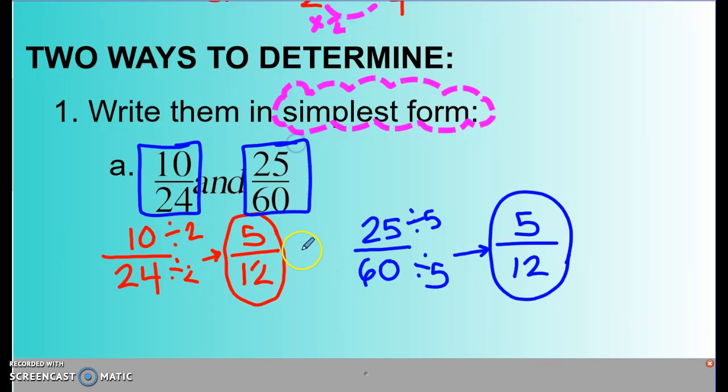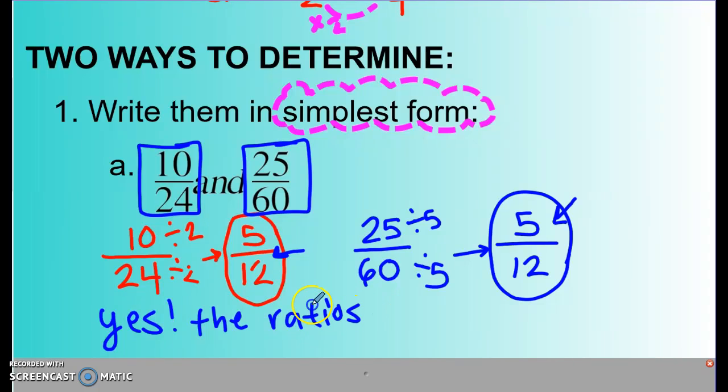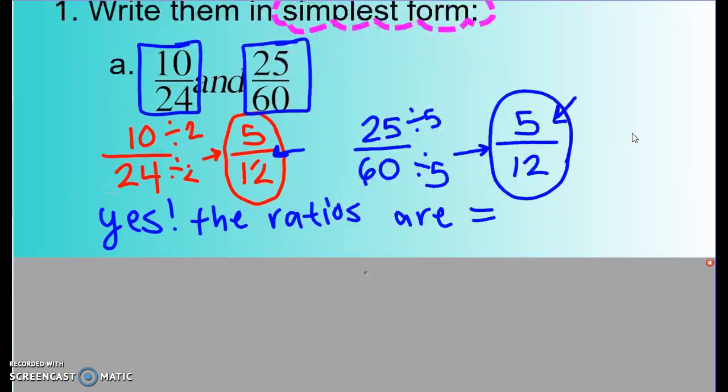And if once we have simplified them like we just did, they are equal, then yes, we can state these are. So your answer to this question would be yes, the ratios are equal. That would be your justification. Ratios are equal. So we'll try another one just to be safe, just to see what other options we might have. But simplifying ratios and then comparing them, if they match, then you do have a proportion.